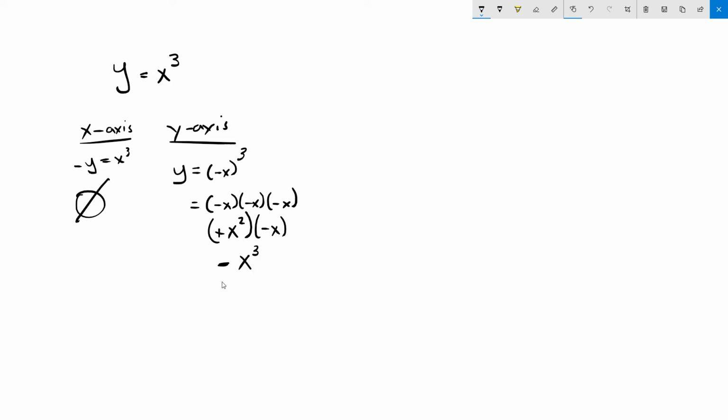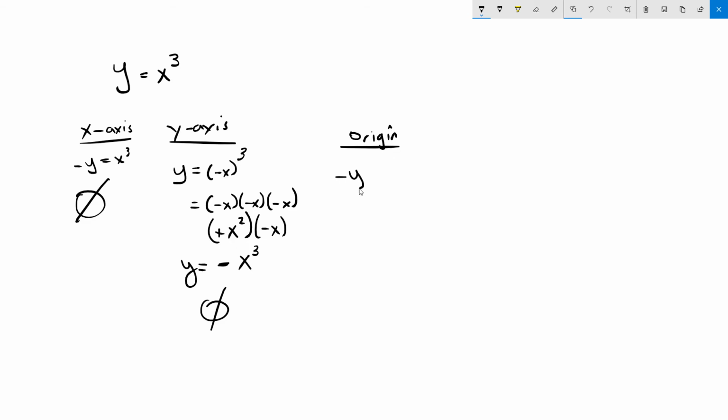So now we have the three x's multiplied, and this is simplified. Now our equation reads y is equal to negative x cubed. You can see that the value is still negative, so we will actually have no symmetry here either, right? But now let's go ahead and test for origin.